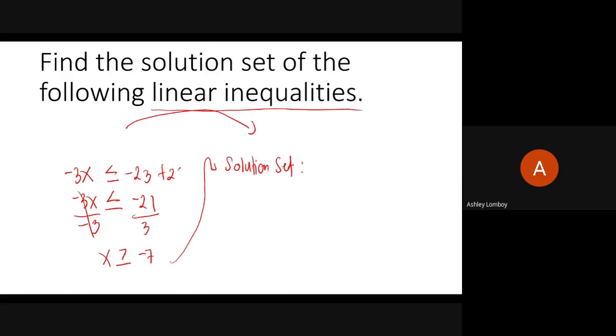Andrea? Bracket ba ang gagamitin ko o parenthesis? Ang solution set kasi nito kapag naka-set notation tayo, yung listing method will be, mamaya na muna. Sige, bracket ba or parenthesis? Uy, sagutin niyo ako.